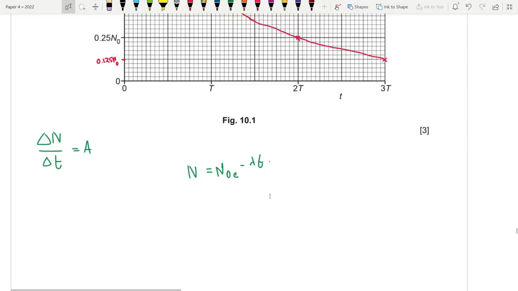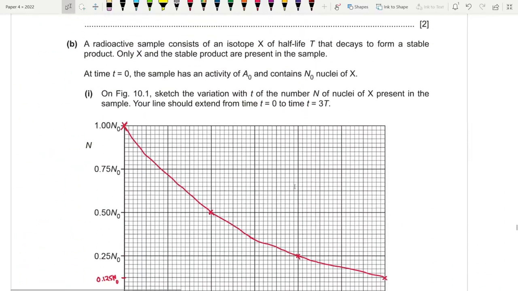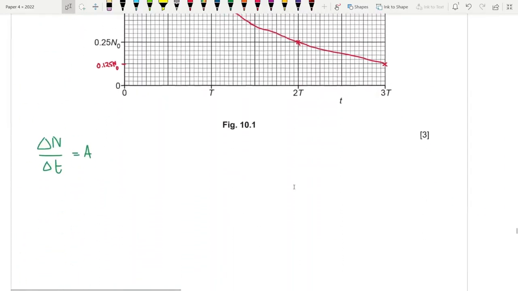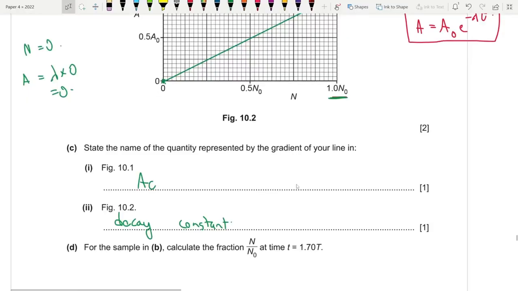You don't need that. Just remember that activity is the rate of change of the number of unstable nuclei. Okay, very important. So it's activity.